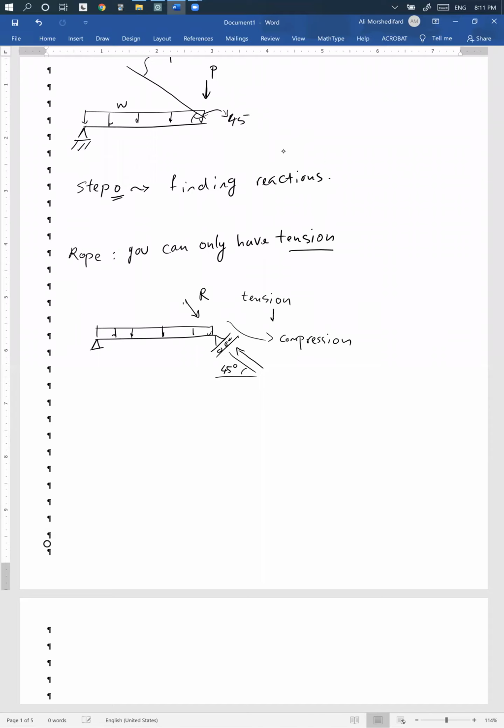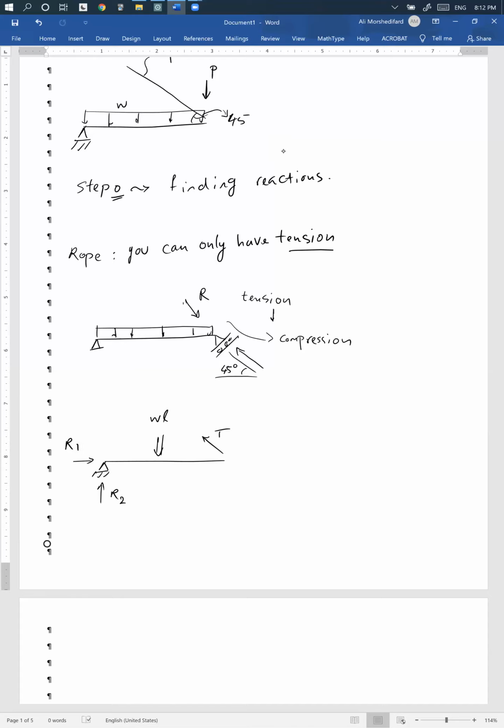So basically what you do is you just draw the beam. You put one unknown force here, call it R. I put the equivalent resultant for the distributed load in the middle, right? So I have R, I call it R3, let's call it T. So I have T, I call this one R2, I call this one R1, right?